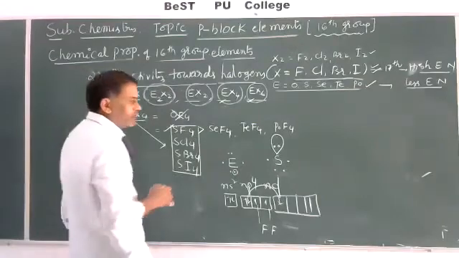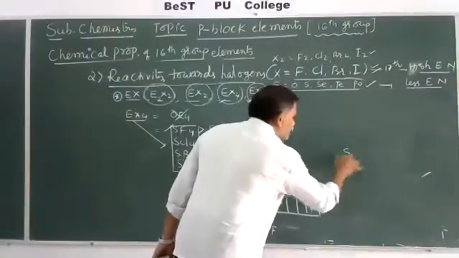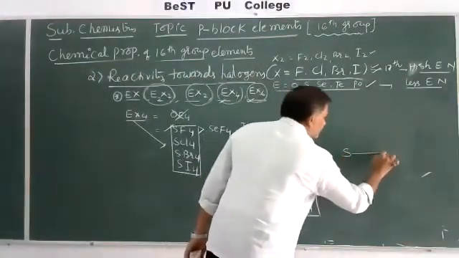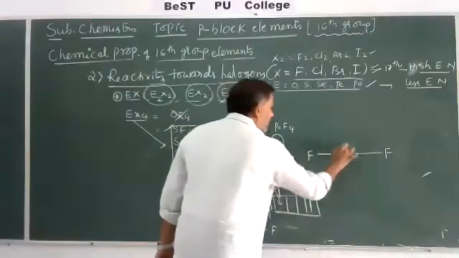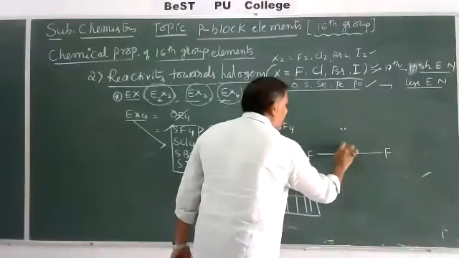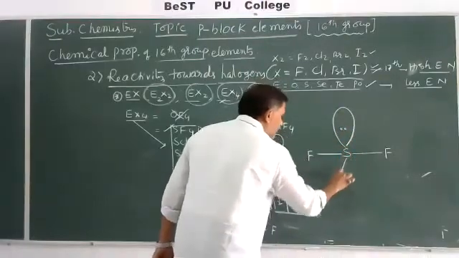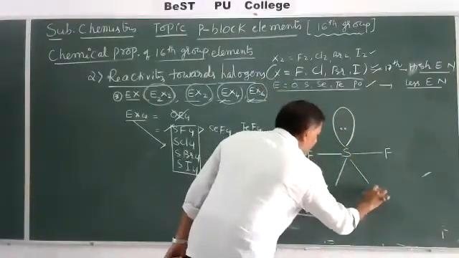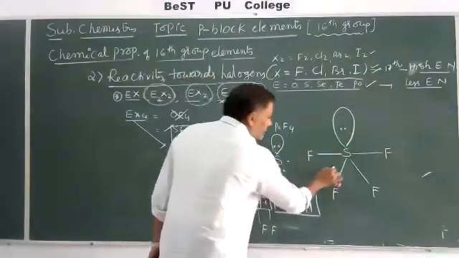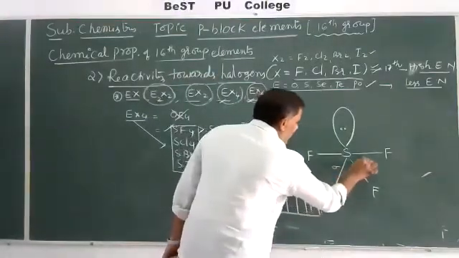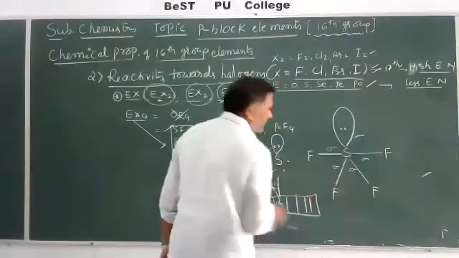Lewis dot structure: on this basis, sulfur forms a bond with this fluorine, with this fluorine, and again with fluorine. Here 1 is a lone pair. Now the sigma bonds are 1, 2, 3, 4 and 1 lone pair.